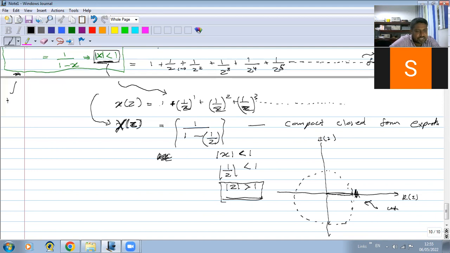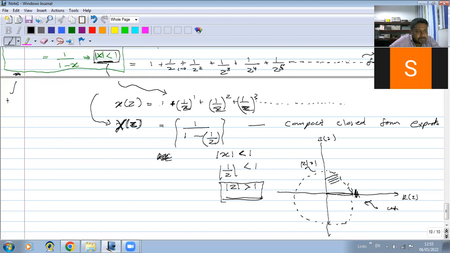Okay, this boundary is where the absolute value is equal to 1. Because absolute value in the complex domain is the magnitude, only the magnitude.